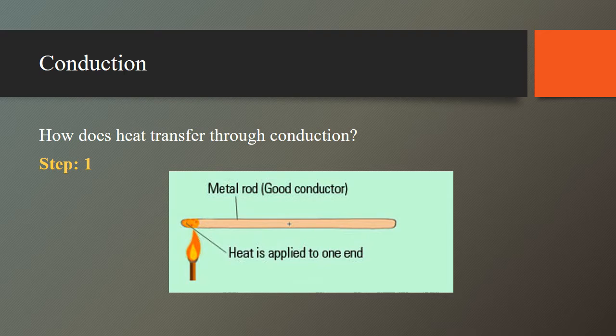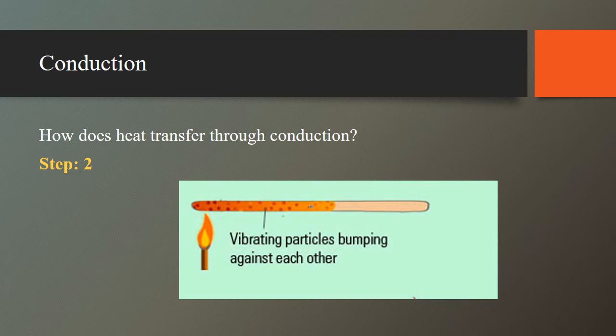This is a step-by-step introduction to the process of conduction. If we start heating a metal rod on one end, how will the heat transfer from this end to the other end? In the second step, the particles of the solid will start vibrating, and in doing so, they will be transferring their energy from one end of the rod to the other end. You must remember that vibration is the only way in which solid particles can move.